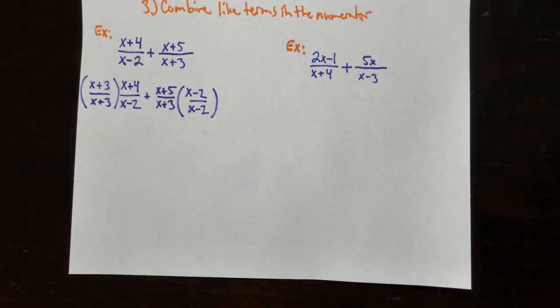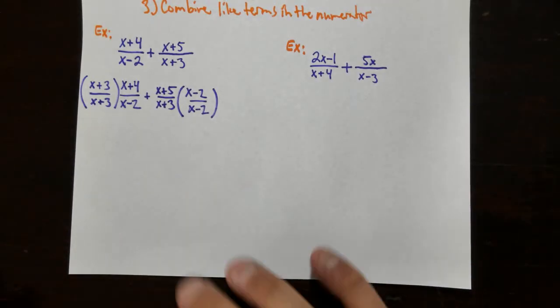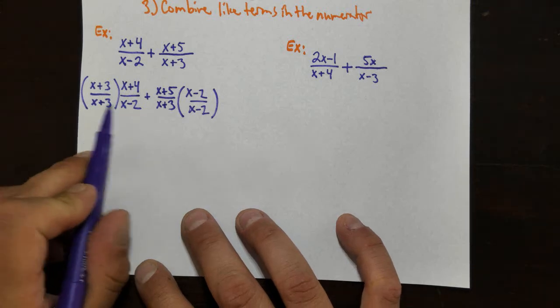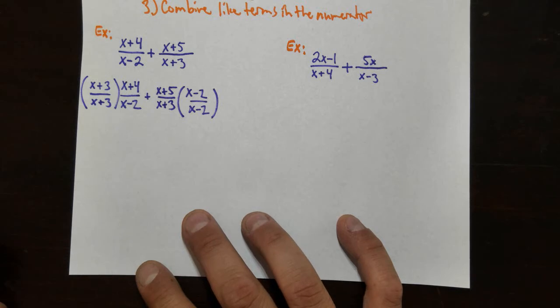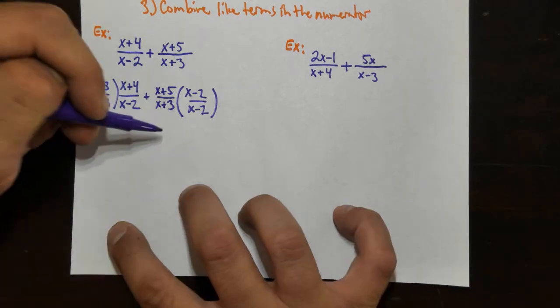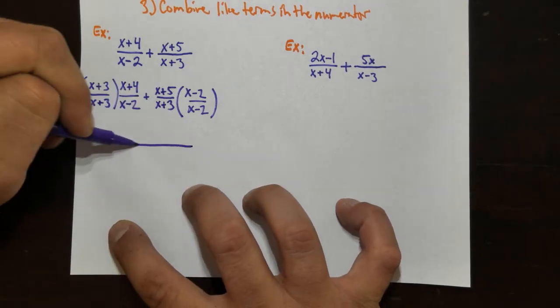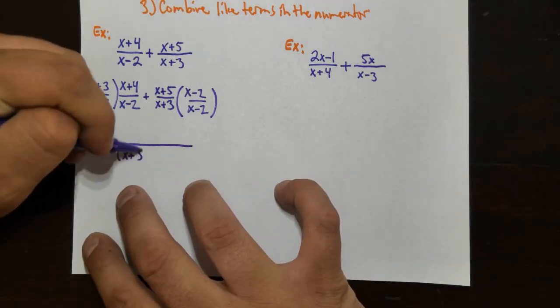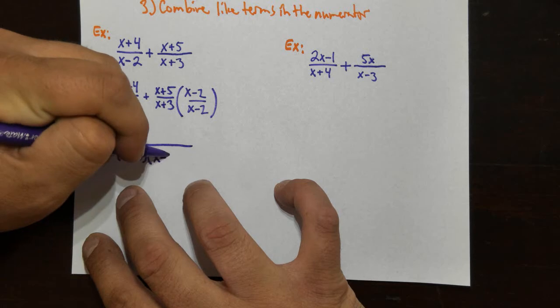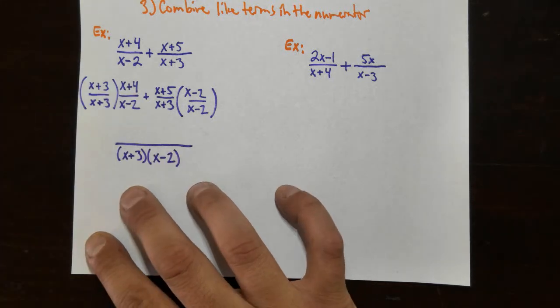Awesome. So when we multiply across, we're not going to multiply the bottom across, we're just going to leave it just how it is. We're going to have the same denominator. So after this step, we can just write x plus 3 times x minus 2, just like that.